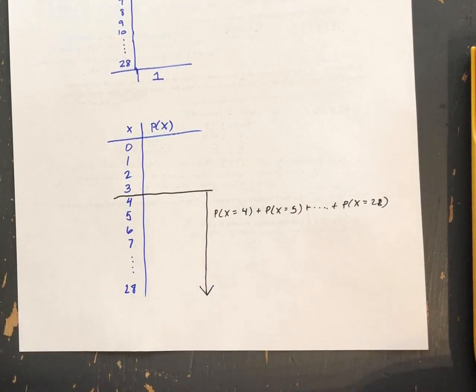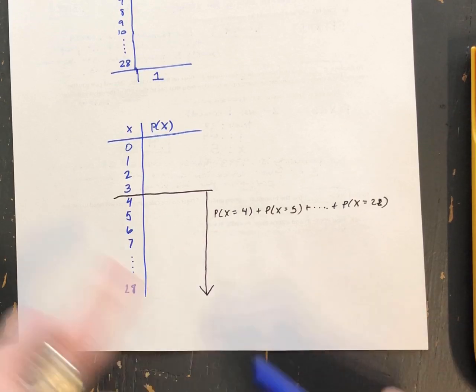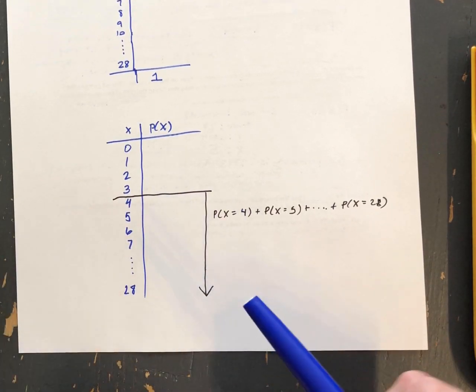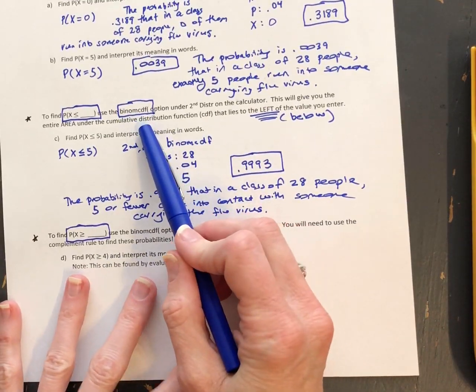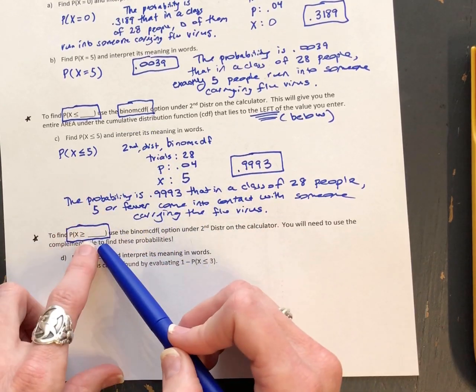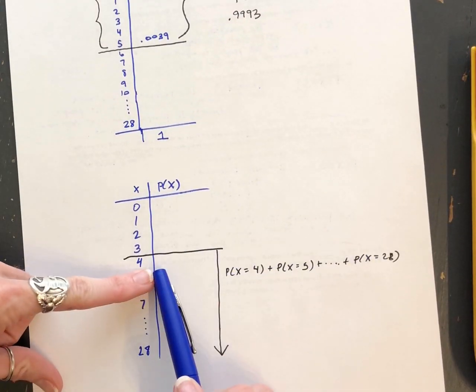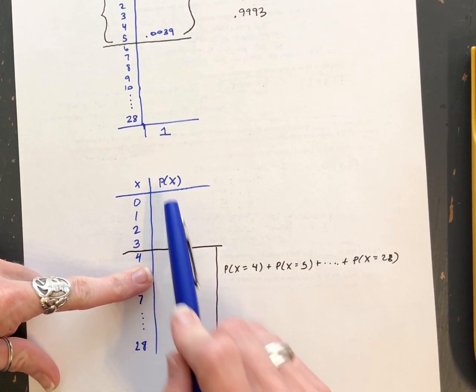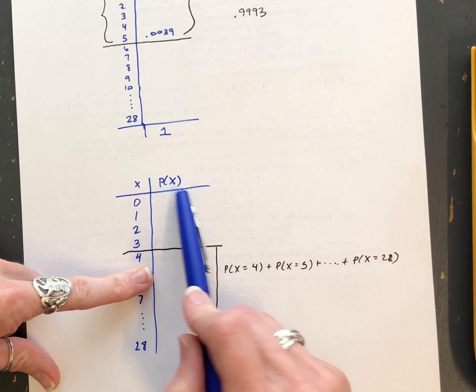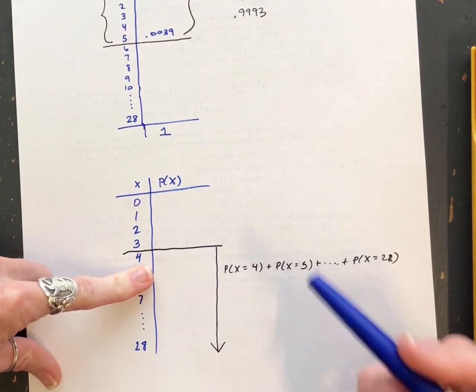That I can't find directly by using the calculator. And the reason for that is, just as a reminder, if I use binomial CDF and I plugged in X is 4, it's going to give me the probability of 4 or smaller, right? 4 or below. And I don't want that.